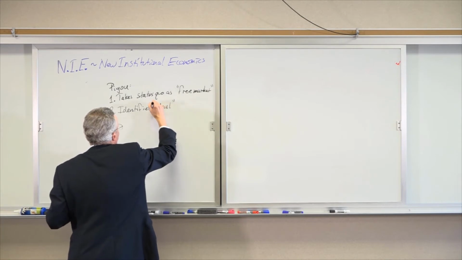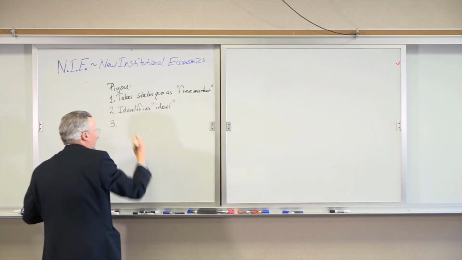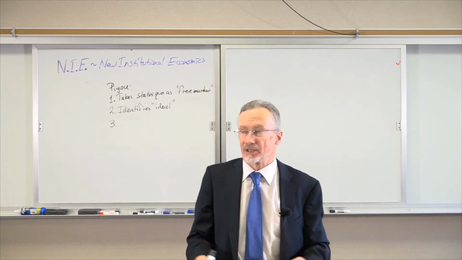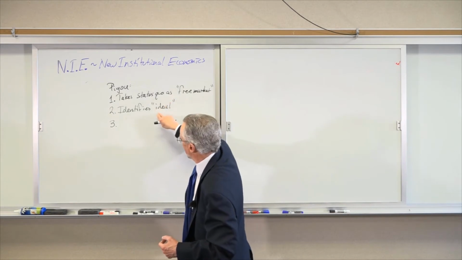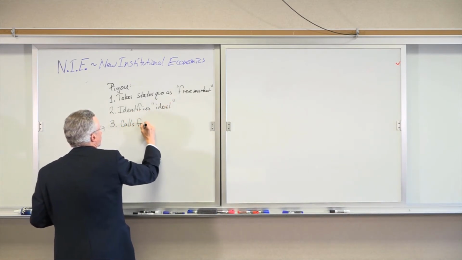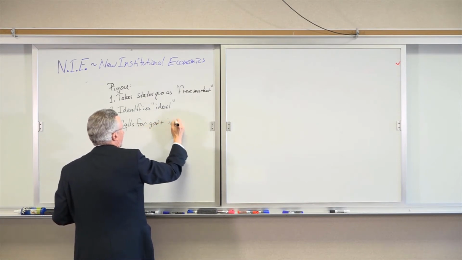So he identifies something that he says is ideal, the blackboard position, and then he calls for government intervention to go from there to there. And he assumes it can be done. We'll do it this way.